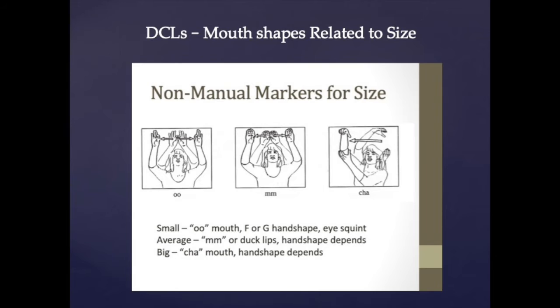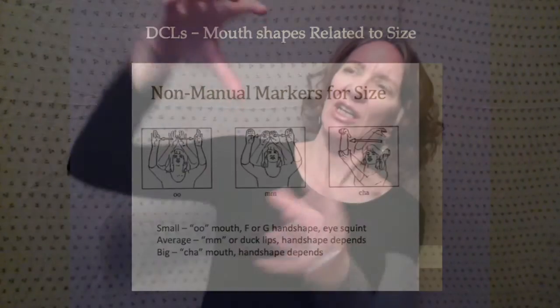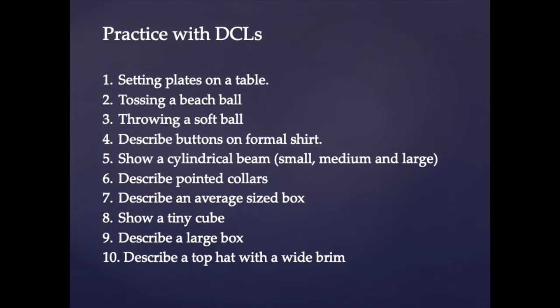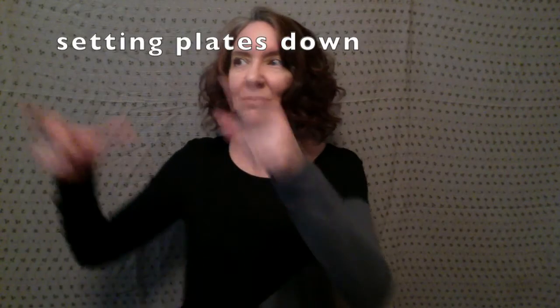For very large things, the lips pull back, revealing the teeth in what is called a cha mouth shape. Let's practice some common DCLs, including the appropriate mouth shape.